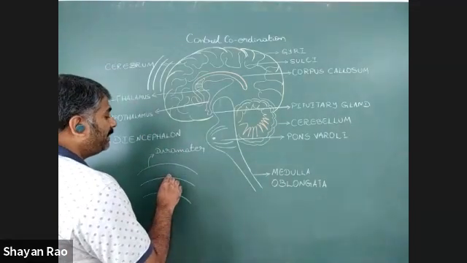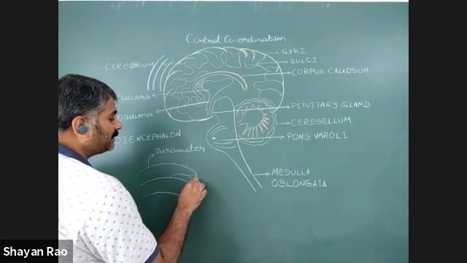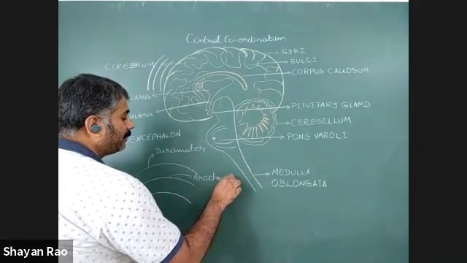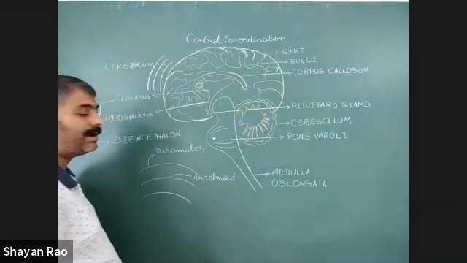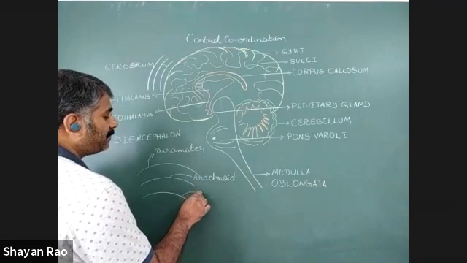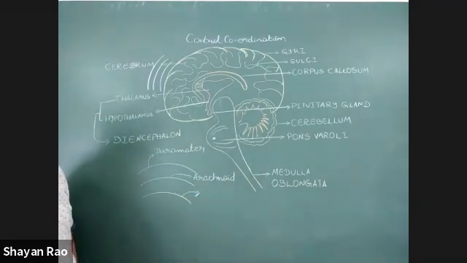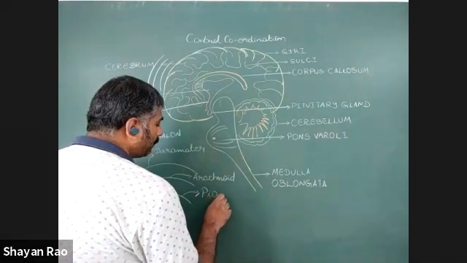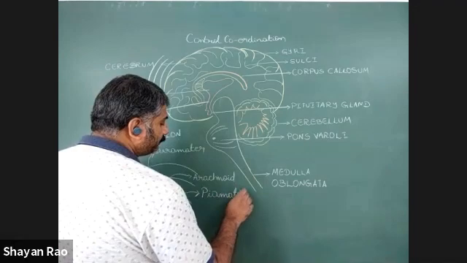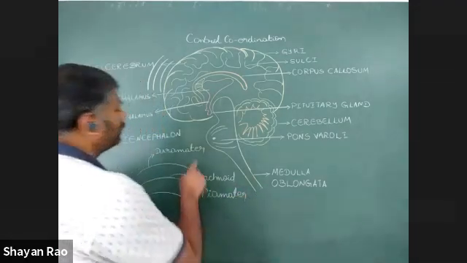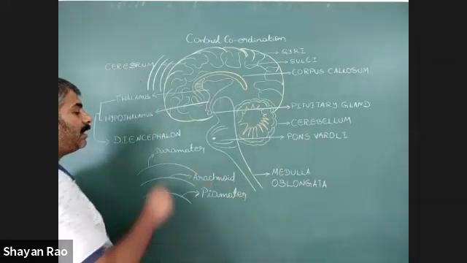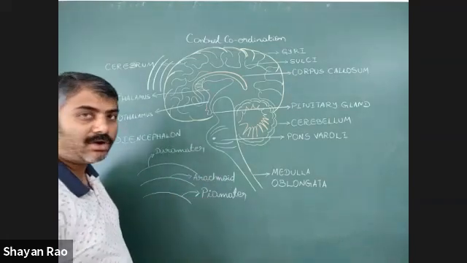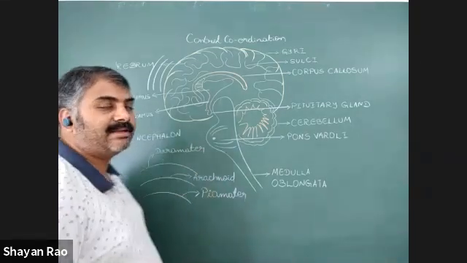Then the middle region will be called arachnoid. The middle is arachnoid, and the innermost layer I call pia mater. So like this, there are 3 layers. The outermost is the dura mater, the middle is the arachnoid, and the inner is the pia mater.